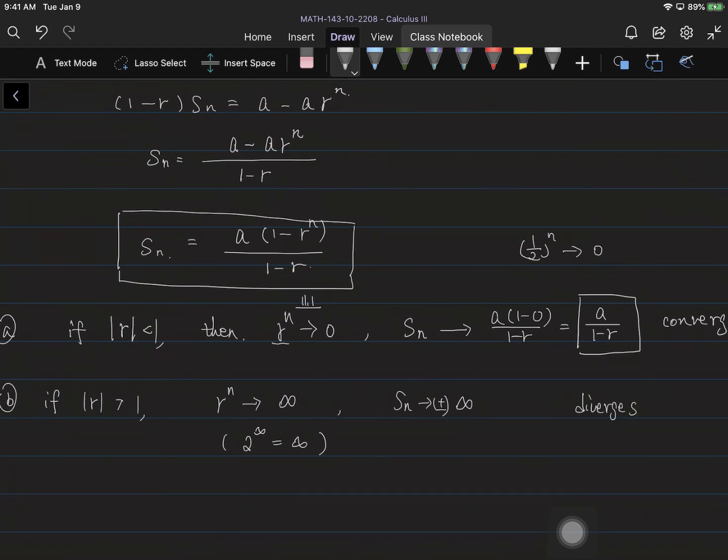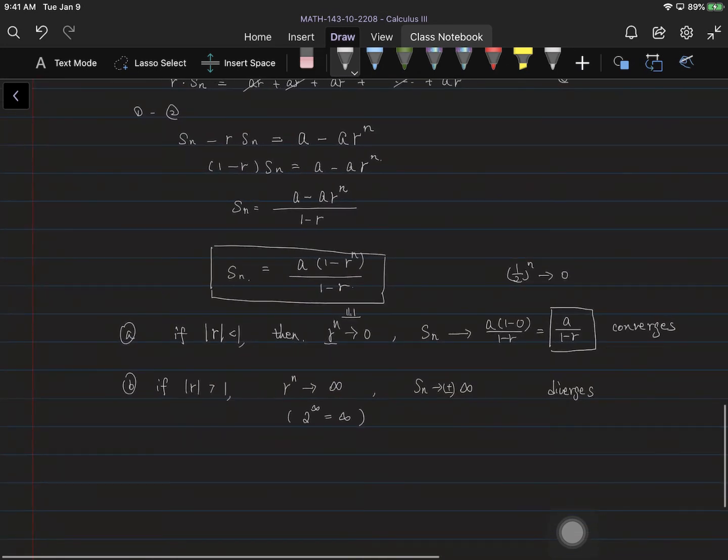Okay, so we discussed several cases for r. We know only for the absolute value of r less than 1 does the series converge.